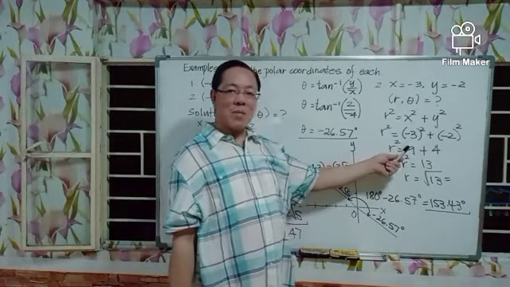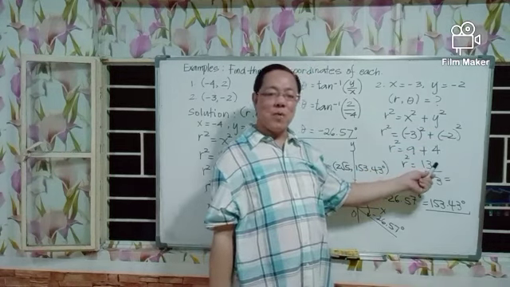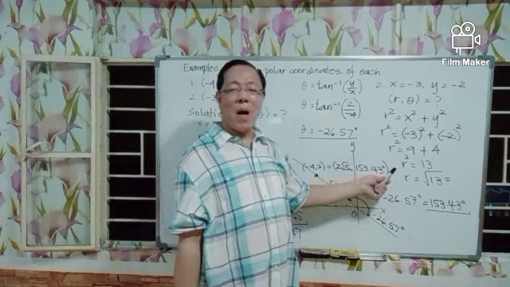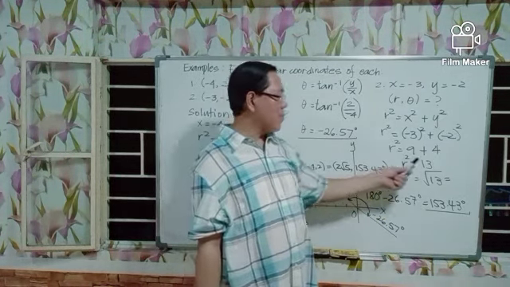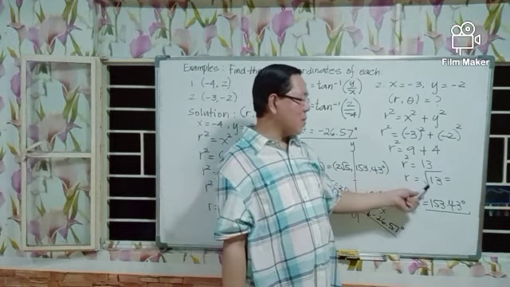The square of the radius vector is equal to the sum of the squares of the abscissa and the ordinate. We replace x with negative 3, we get negative 3 squared. We replace y with negative 2, we get negative 2 squared. The square of negative 3 is positive 9. The square of negative 2 is positive 4. And 9 plus 4 is 13. Hence, the square of r is 13. To get r, we take the square root of both sides: r equals the square root of 13.